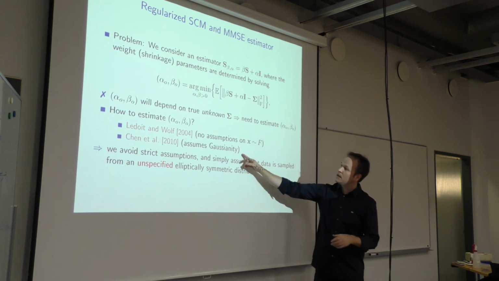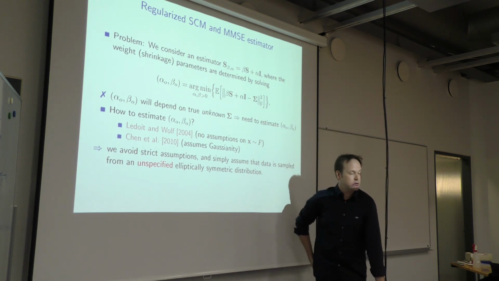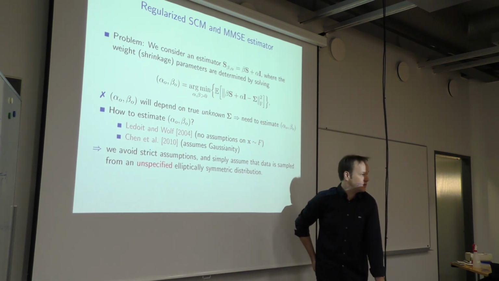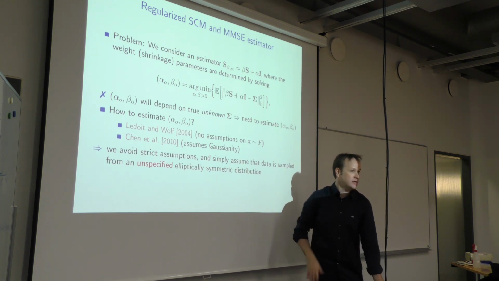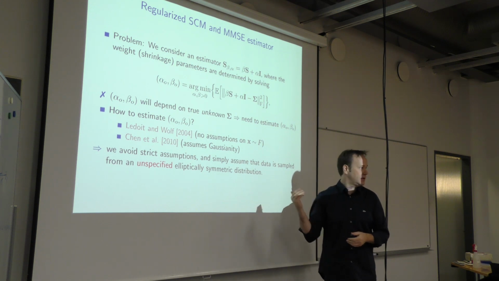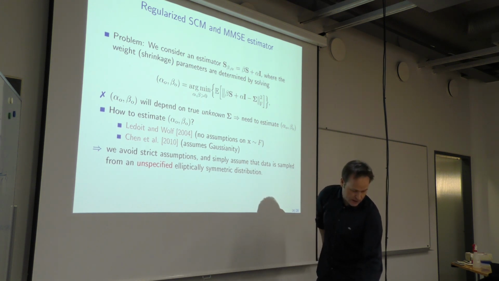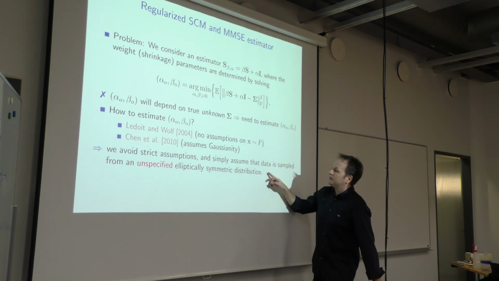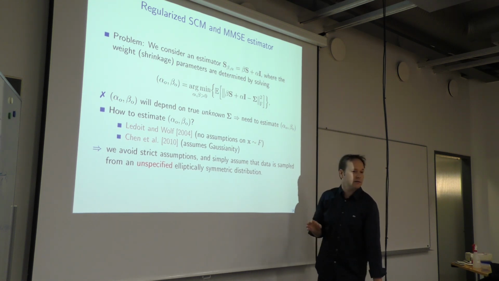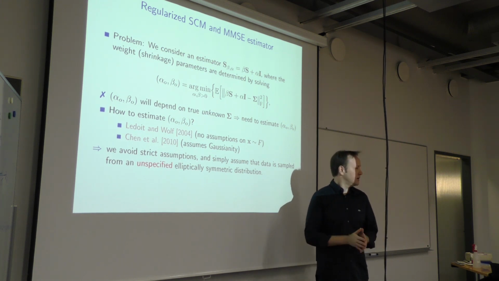And then Chen and co-workers improved it in the sense that they assume that the data is from a Gaussian distribution. And of course, if that holds true, then you can do much better in estimating those weights. But here the idea is that we don't want to make that assumption on the data, because Gaussianity is something that nobody really believes in.